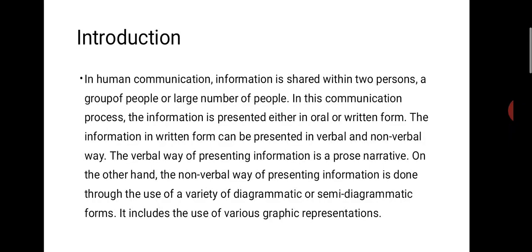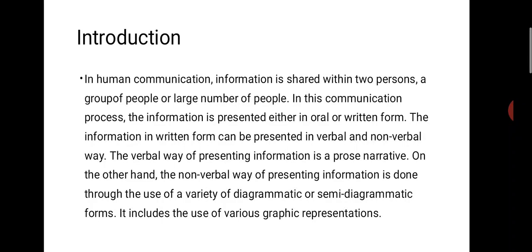See, here you can understand how this communication process is related to the information, which can be in written or oral form. The verbal way of presenting information is a prose narrative, and the non-verbal way of presenting information is done through the use of a variety of diagrammatic or semi-diagrammatic forms.